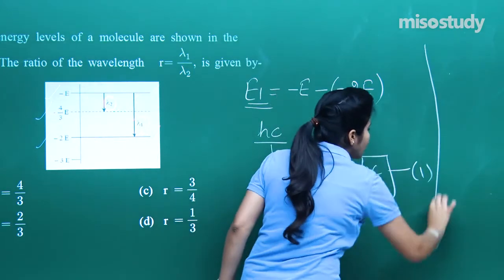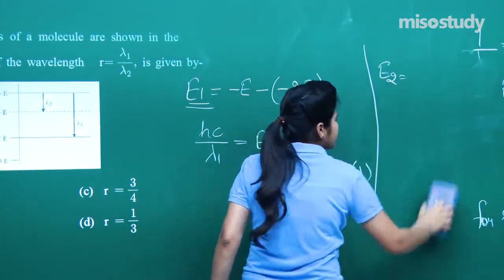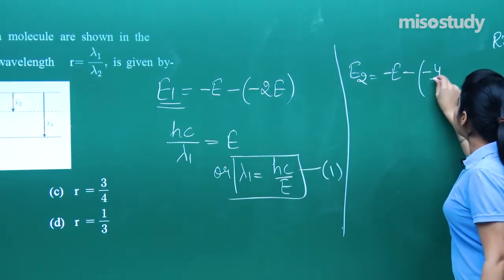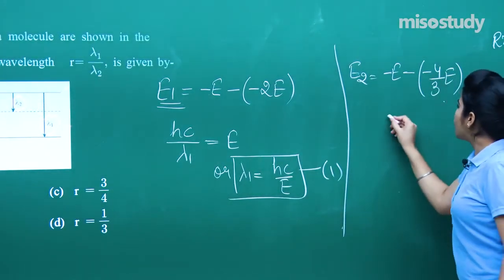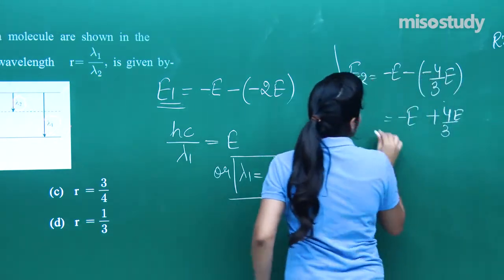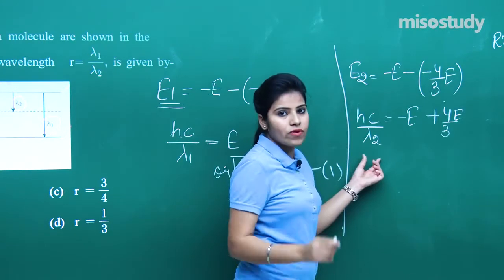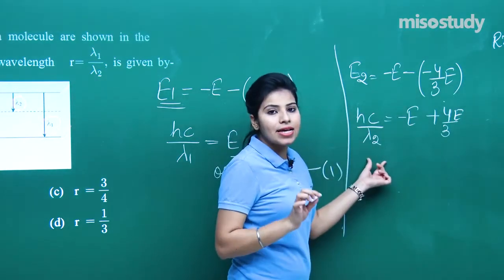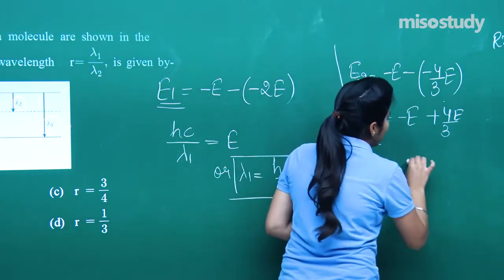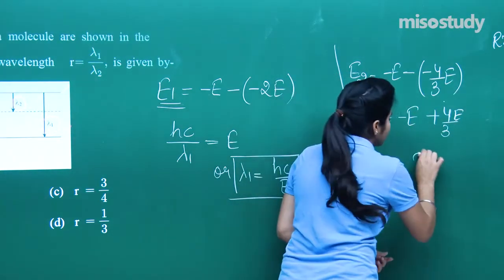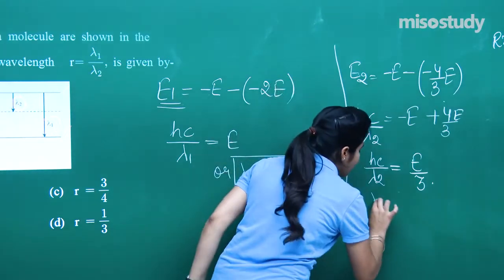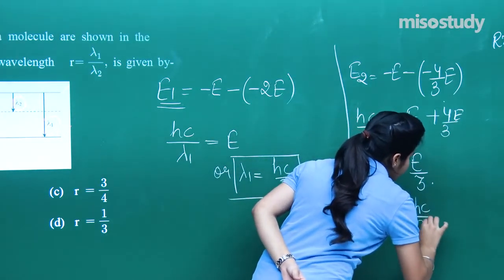So E2 will be minus E minus of minus 4 by 3E, which becomes minus 3E plus 4E over 3, that will be E by 3. So hc by lambda 2 equals E by 3, and lambda 2 will come out to be 3 hc upon E.